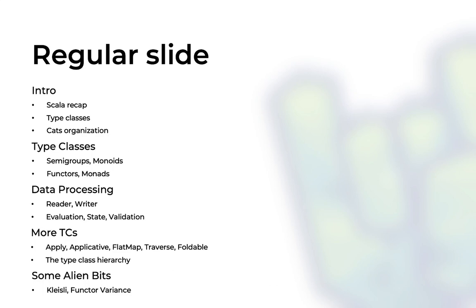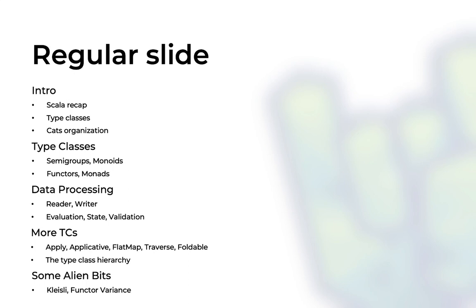After the introduction in this chapter, we're going to explore the most popular type classes in Cats, including semigroups, monoids, functors, and the dreaded, or infamous, M word, monads. We're going to be spending quite a bit of time on monads.